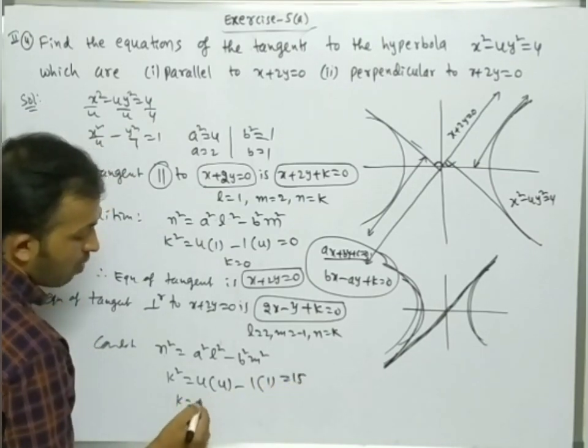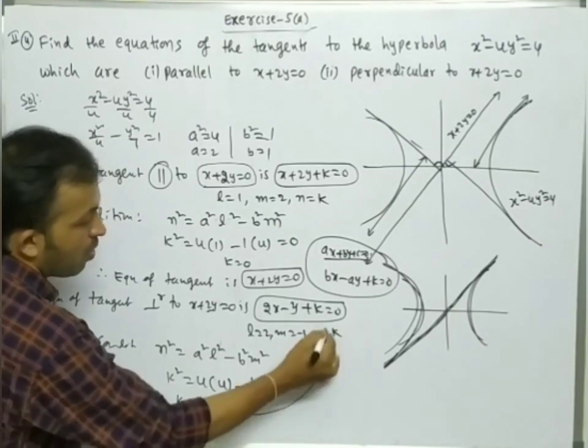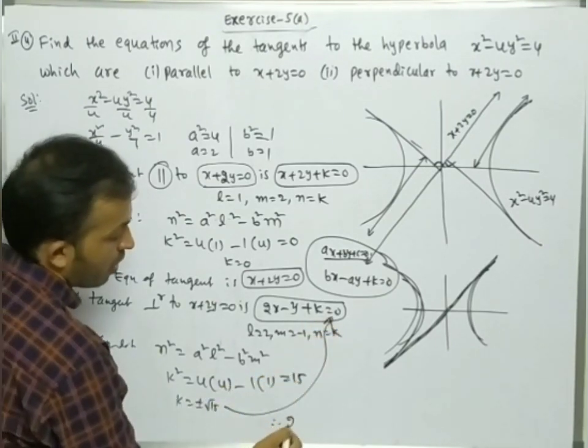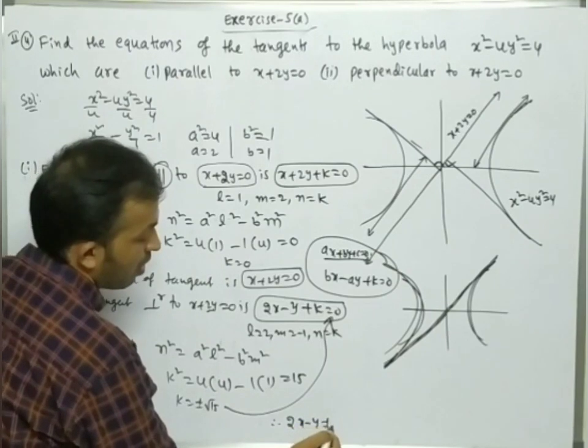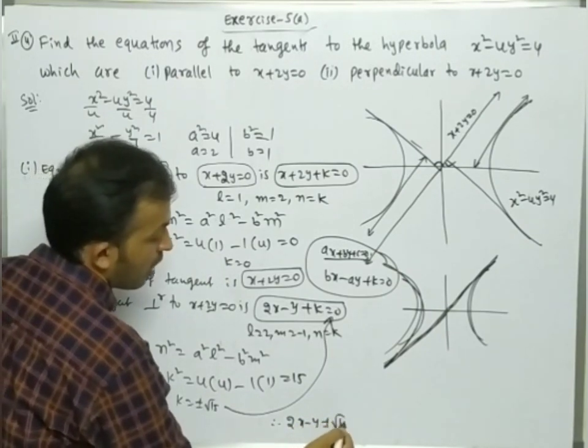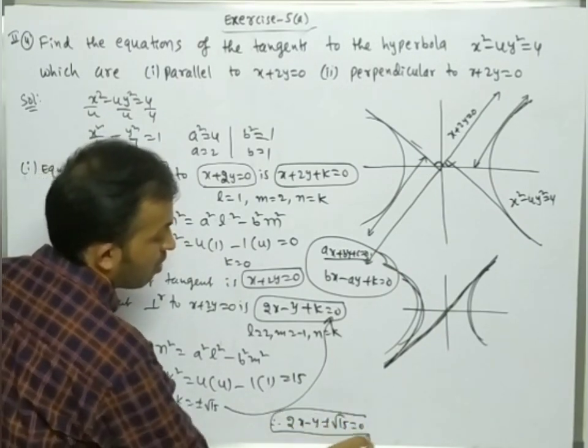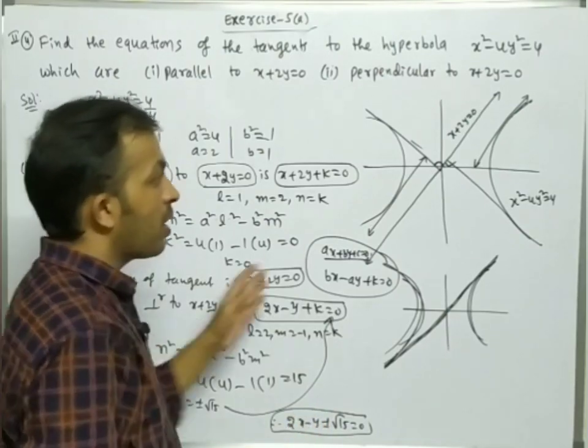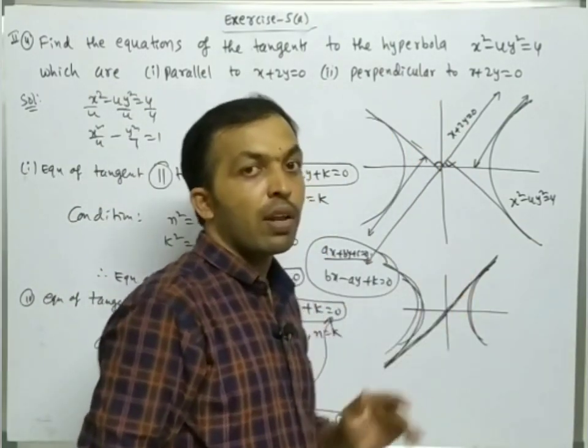So k is equal to plus or minus root 15. Substitute in this one. So the required tangents are 2x minus y, one is plus root 15 and another one is minus root 15, is equal to 0. So these are the two tangents which are perpendicular to the given line.